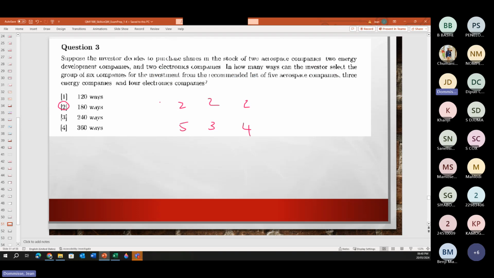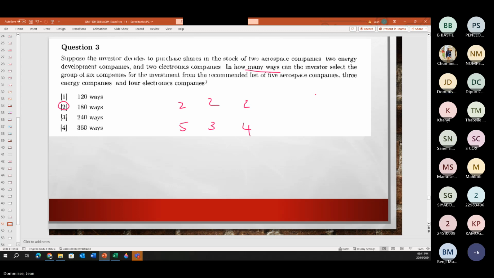Nowhere did they mention any order. So in how many ways can we select a group of 6? It's different if he said that first must be aerospace companies, then energy companies, and then electronic companies.